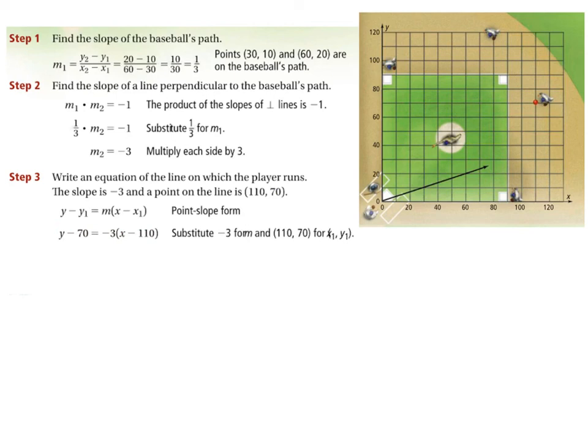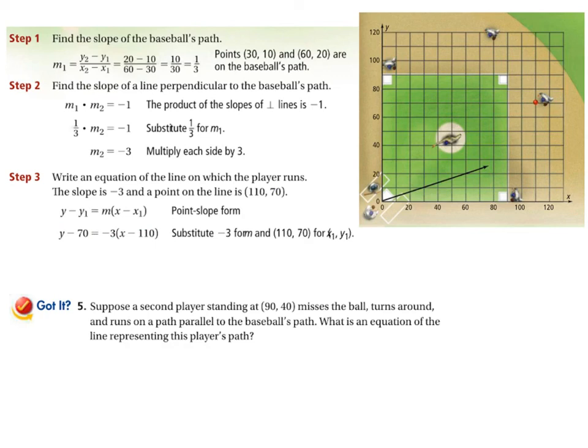That's it, that's the equation. So now you've got to try yours where they ask you, suppose there's a second player at 90, 40, right here, and they miss the ball, turn around and run in a path parallel to the baseball's path. What's the equation for that player's path?